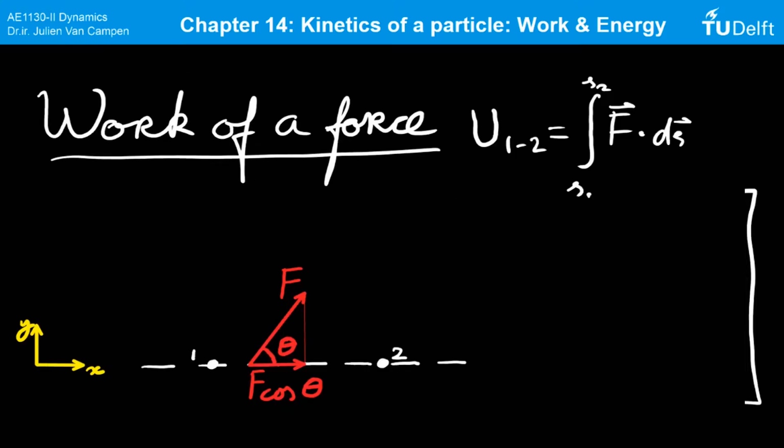Things can be simplified if we have a constant force traveling over a straight line, as drawn here. The component of the force that is tangent to the path equals F cosine theta, where theta is the angle between the force and the path.